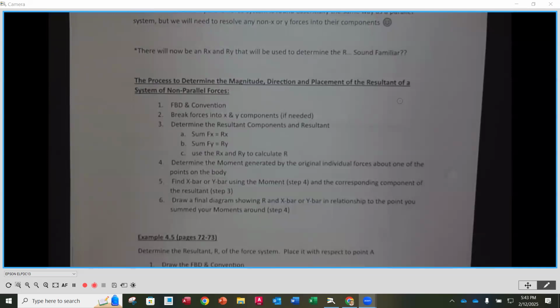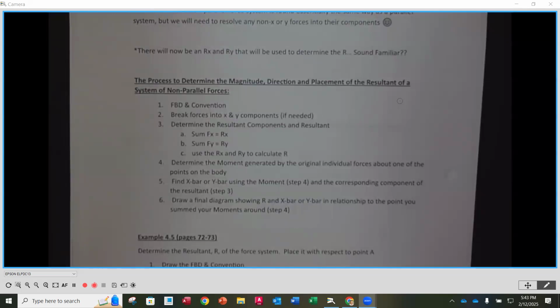Then we're going to determine the resultant component and the resultant. So we're going to sum our forces in the X, and that's going to give us our resultant X component. We're going to sum our forces in the Y, and that's going to give us our resultant Y component. So again, sounds familiar. And we're going to use those two, which are going to be the legs, if you would, of our right triangle to find the resultant.